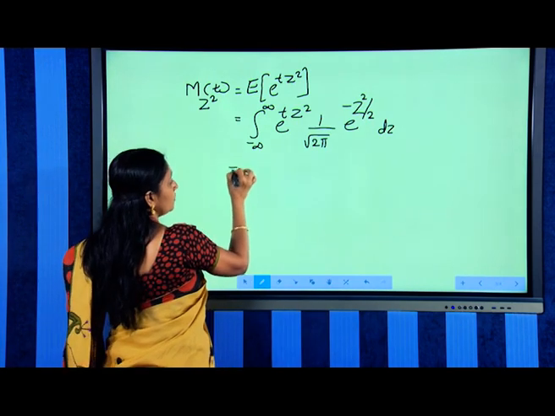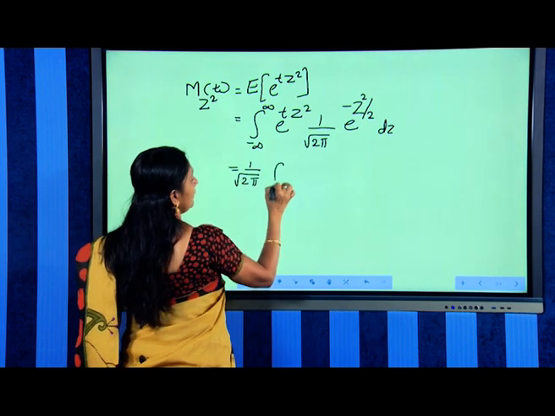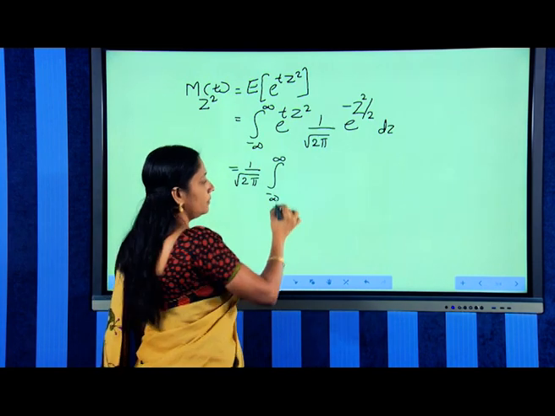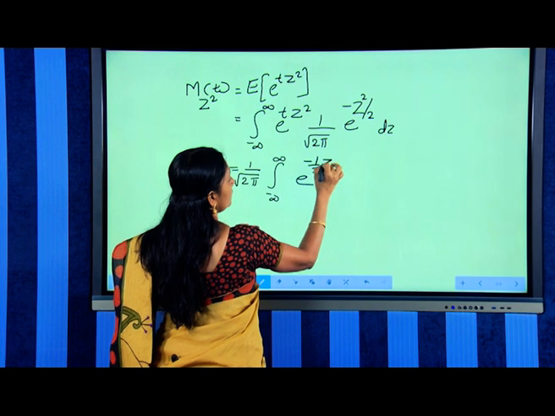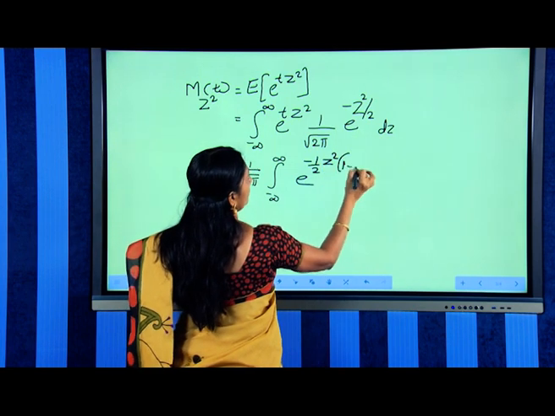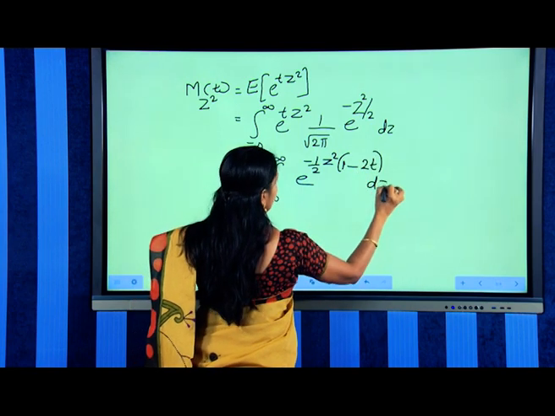that is equal to 1 by root 2 pi integral minus infinity to infinity e raised to minus 1 by 2 z square into (1 minus 2t) dz.